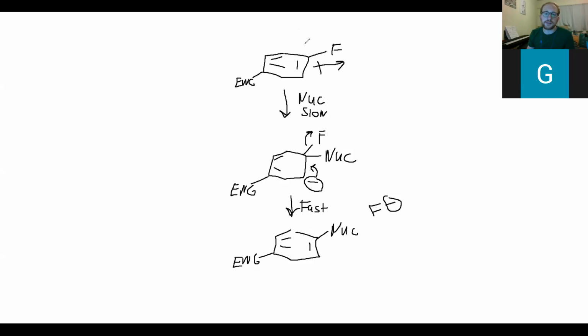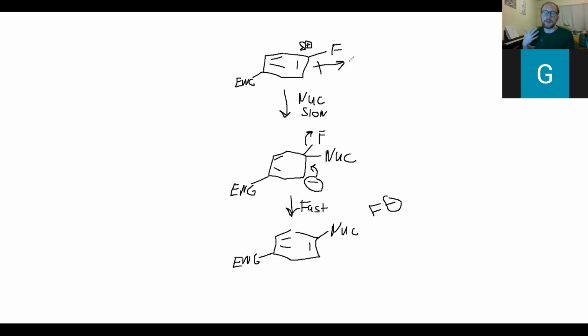And that means that the carbon connected to fluorine has a higher partial positive charge relative to chlorine, bromine, or iodine, and so it's more electrophilic. So this nucleophilic attack, which is the slow step, is accelerated by having such a hard electrophile like fluoride.